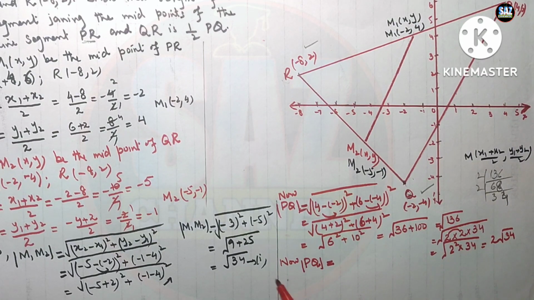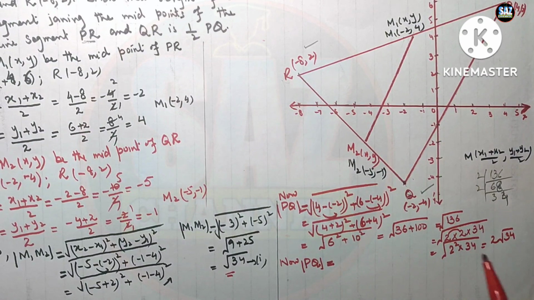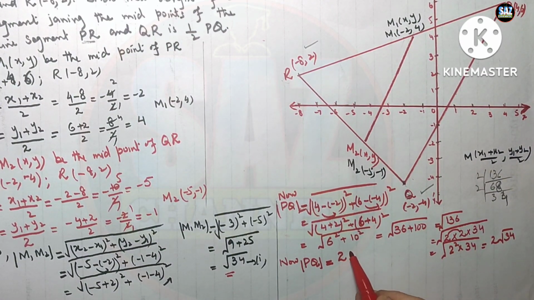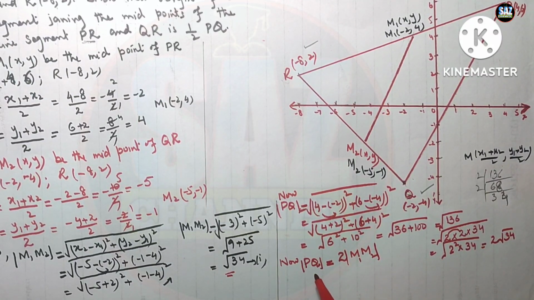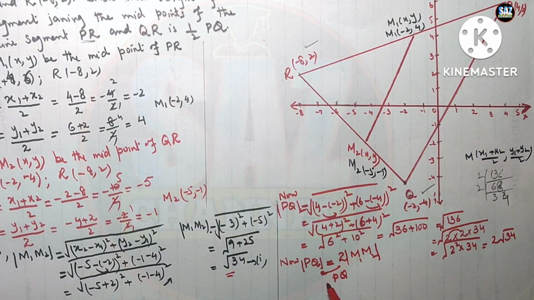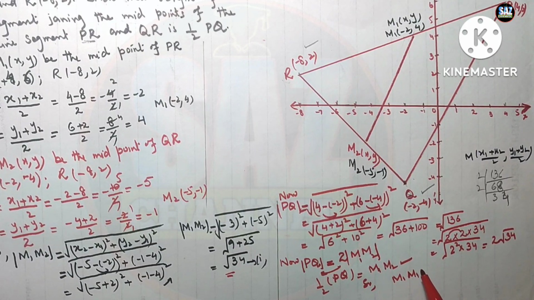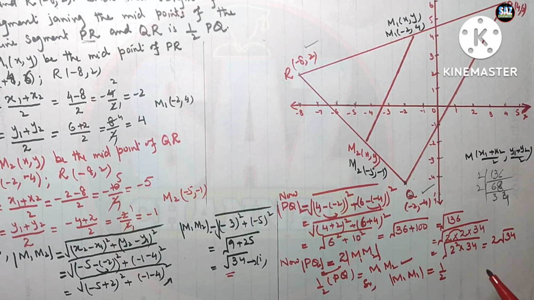Try to understand. The answer of M1 M2 is just square root 34 and the answer of PQ is 2 times square root 34. So I can write it here as 2 times the M1 M2 distance. Now I have to shift this 2 to the other side, half M1 M2. So it is proved that the distance M1 M2 is half PQ.